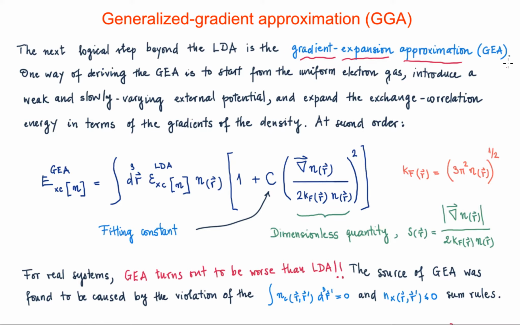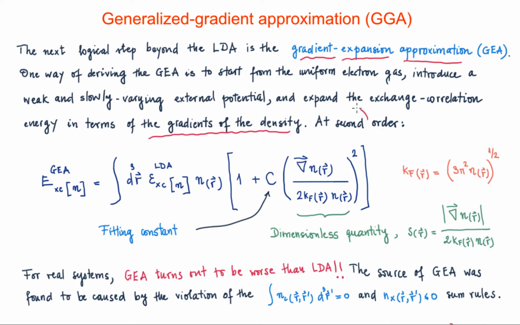So one way of deriving that GEA is to start from the uniform electron gas, introduce a slowly varying external potential, and expand the exchange and correlation energy in terms of the density, of course, and the gradients of the density.